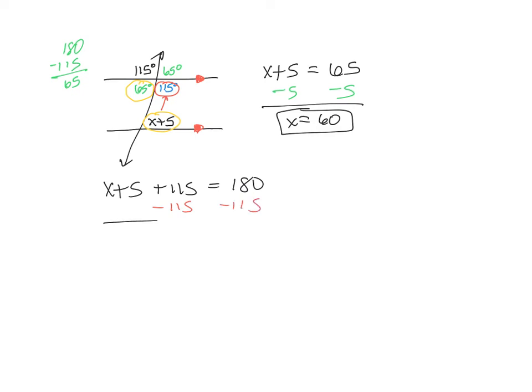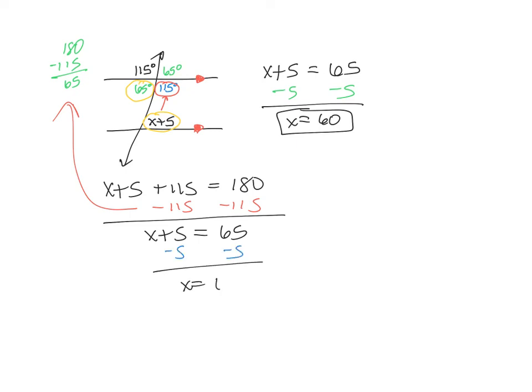And so when you solve it, you really did kind of do the same thing. You had to do minus 115, which, well, that happened right there. And then do minus 5, which happened up there.